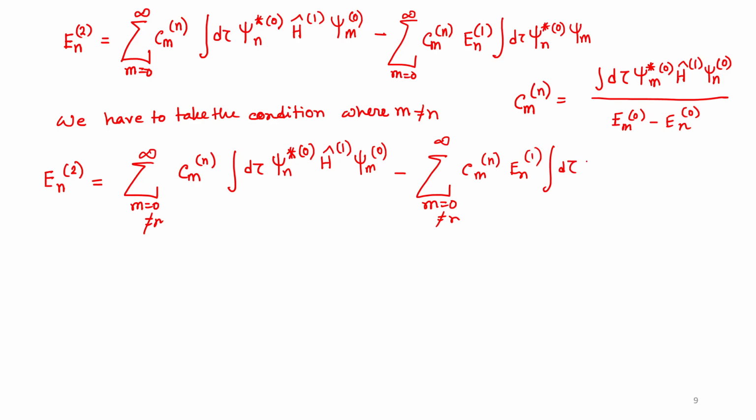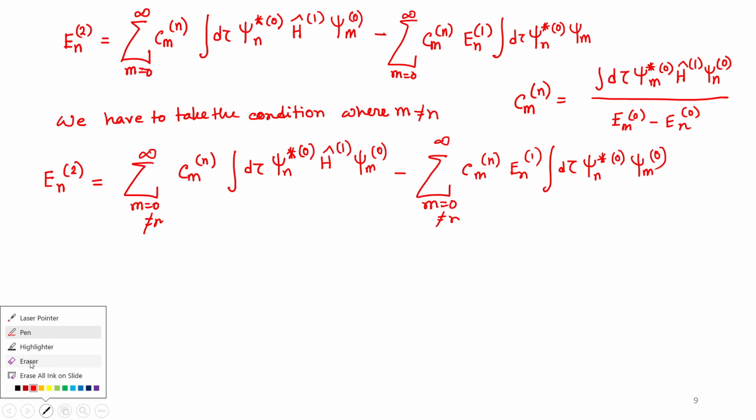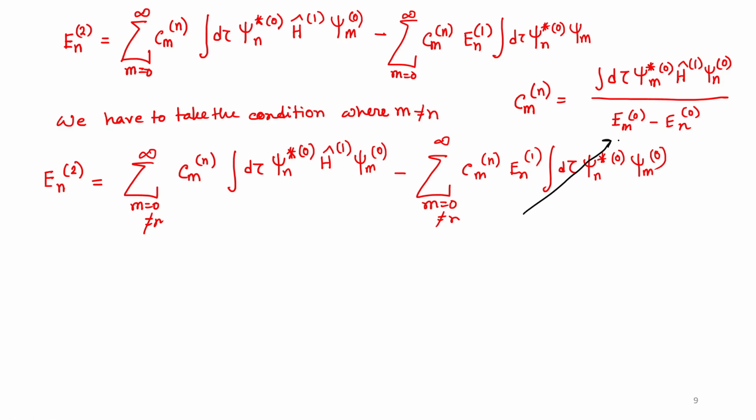I am writing this just to show that as m is not equal to n, this is 0, and because of that we are dealing with only the first part, sorry.